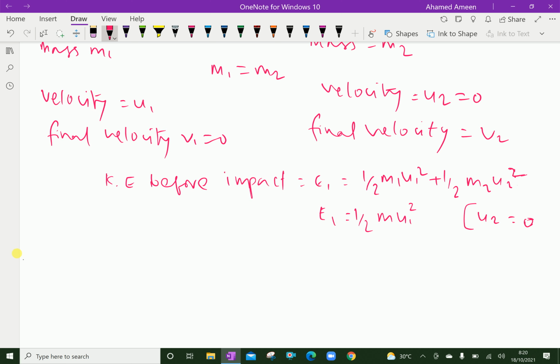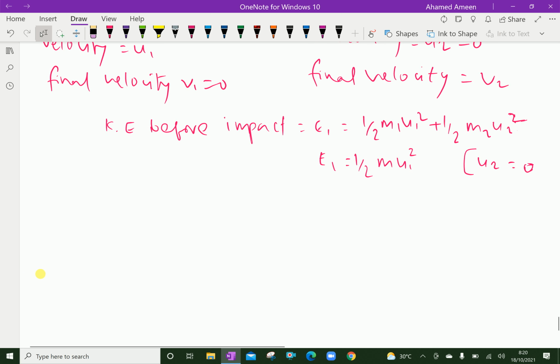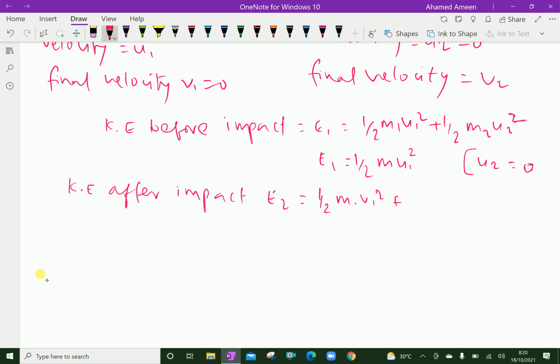Then the kinetic energy of the system after impact, let it be E2, is equal to half m1 v1 square plus half m2 v2 square.